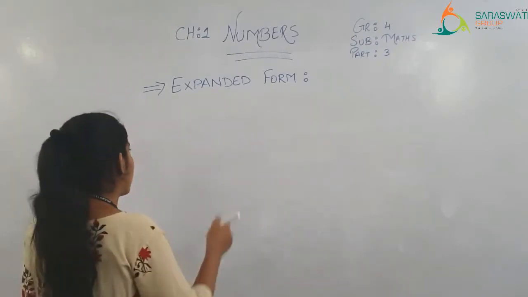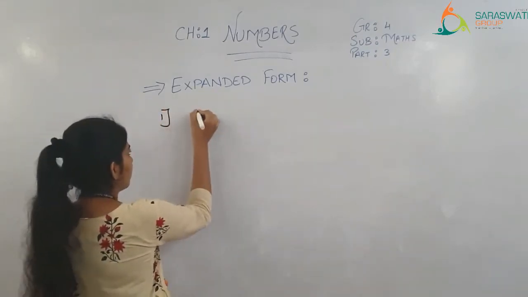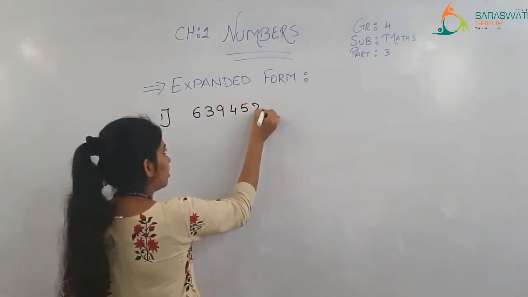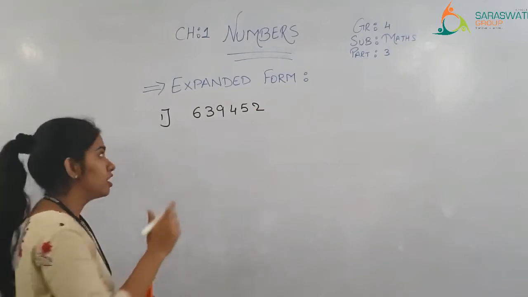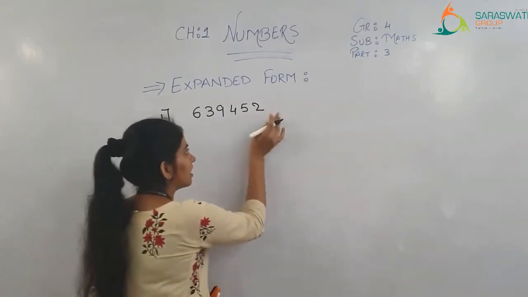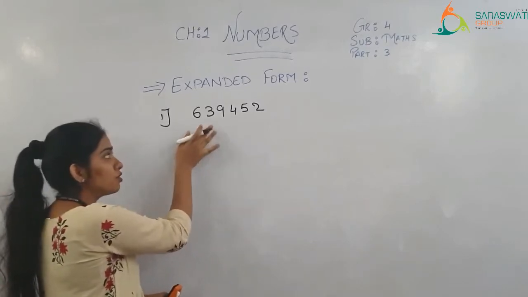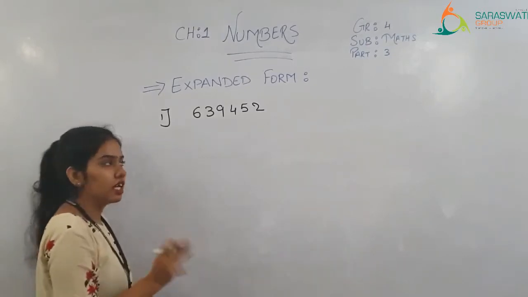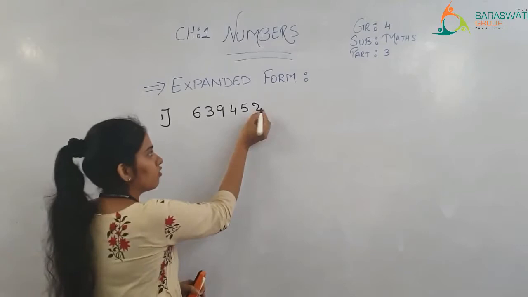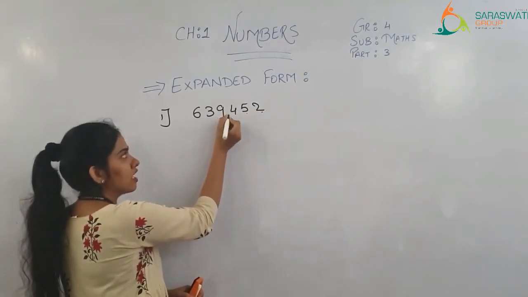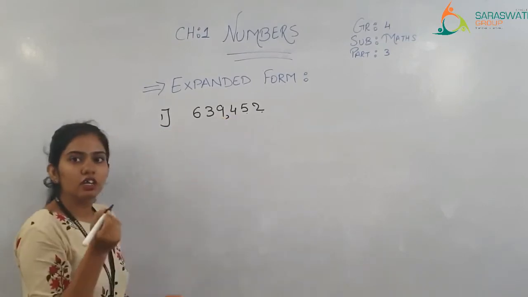So let's take an example over here. If I am writing 6, 3, 9, 4, 5, 2. Now if we want to put this in an expanded form, first let us read how to read this 6-digit number. As I said, from the ones place, you consider ones, tens and hundreds, after that you have to put the comma.